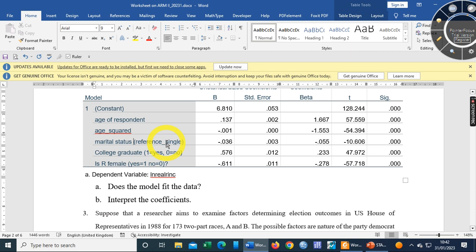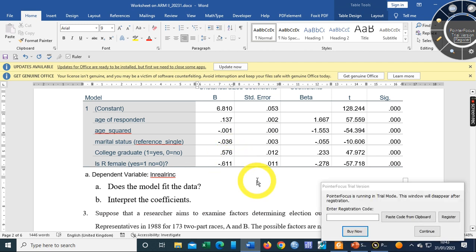Therefore, the group in this regression is married, and you need to multiply this one by 100, and then you get minus 3.6. In this case, it is positive, statistically significant, and when you multiply it by 100, you get 57.6.